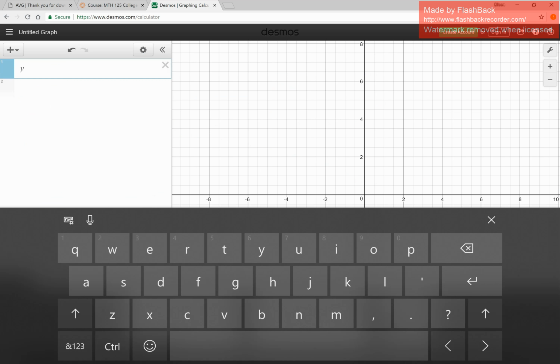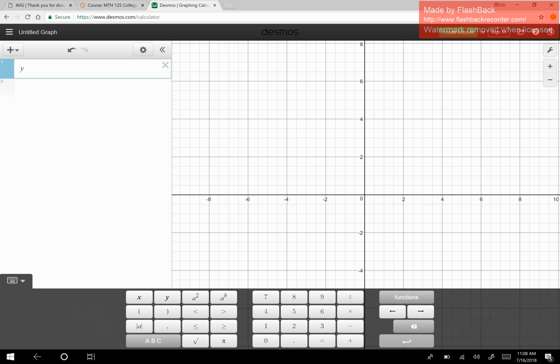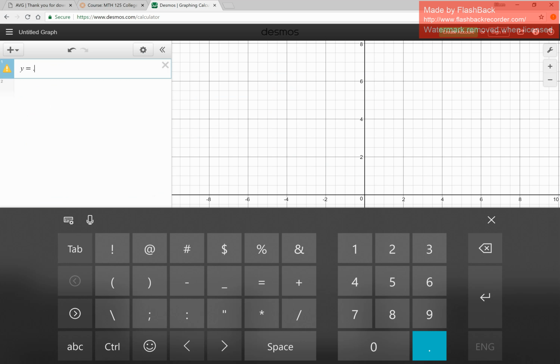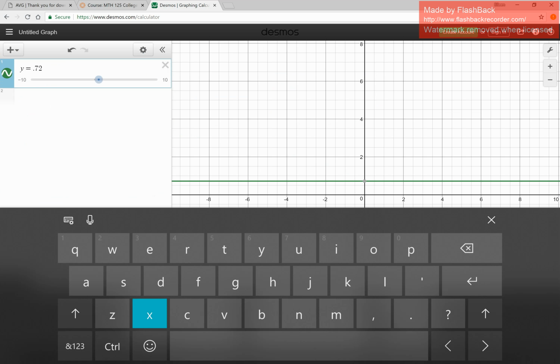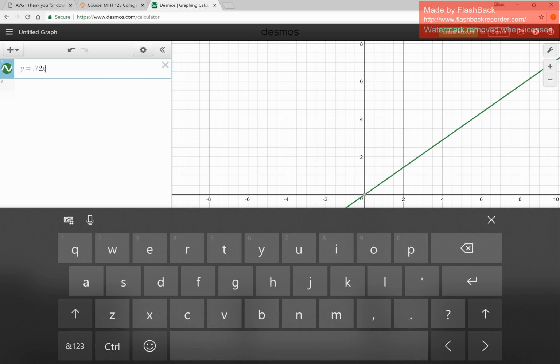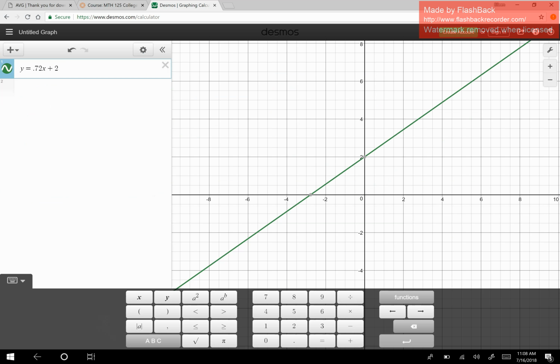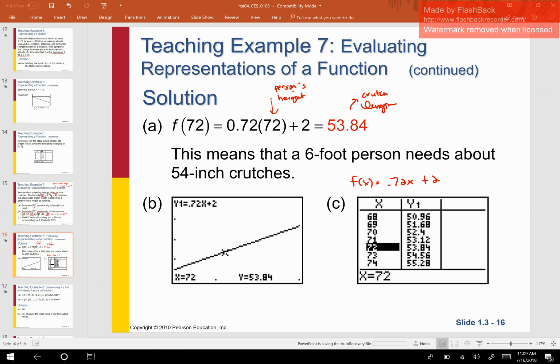So y is equal to 0.72x plus 2. Okay, so here is what this function looks like. Now we want to look at it between a certain window value. Okay, and so let's see if we can do that here. Let's take a look at this.